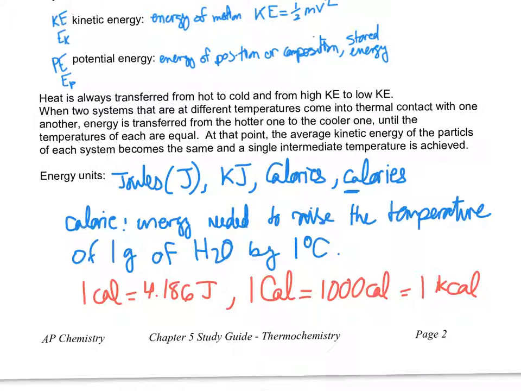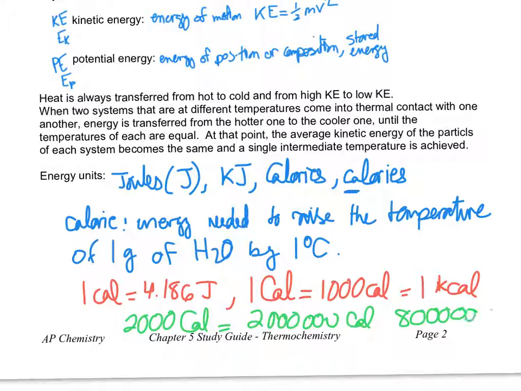So if you think about it, the average person needs about 2,000 calories a day. Those are big calories, which means you need about 2 million little calories a day, which is more than 8 million joules a day. So again, a joule is a very, very small amount of energy.